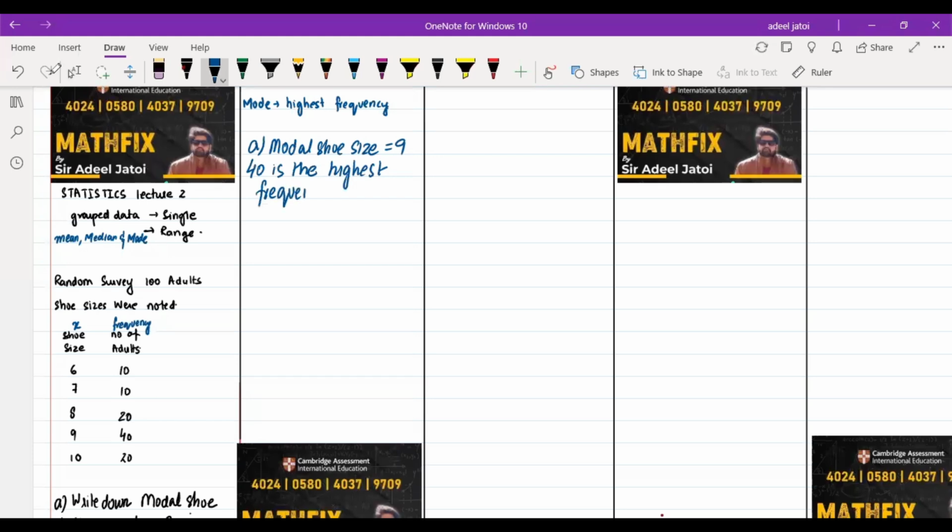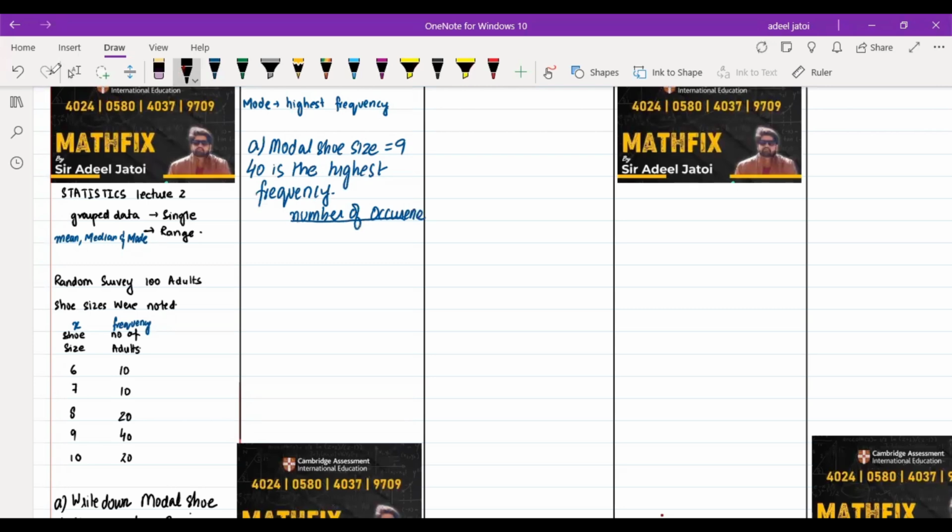Highest frequency means the highest number of occurrences. So this will be your modal shoe size.